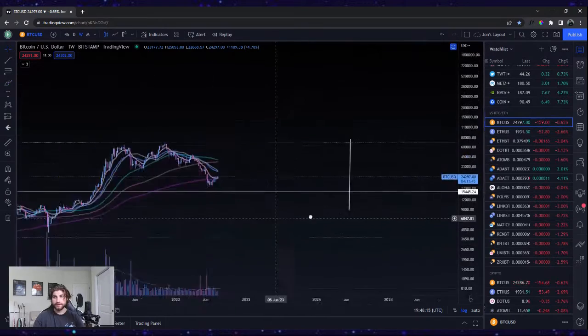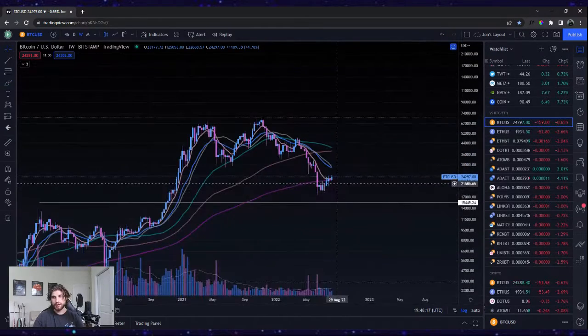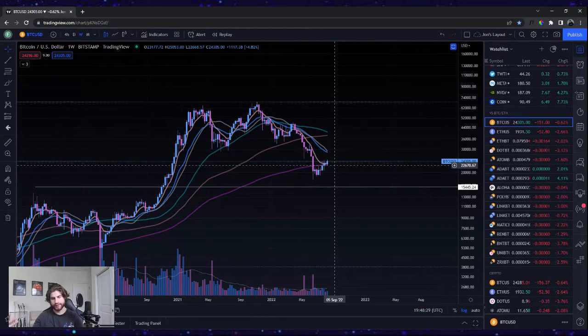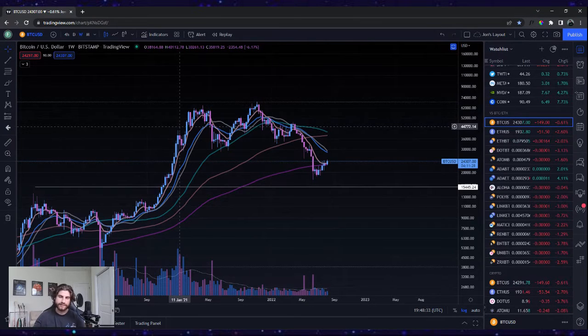So again, people have historically used that as a bottom indicator. I still think we have room to go lower because I don't think moving averages, even though they're long-term moving averages, are gospel. I think that, considering the macroeconomic uncertainty, recessionary pressures, things like that, a risk-on asset like Bitcoin could stand to go lower.